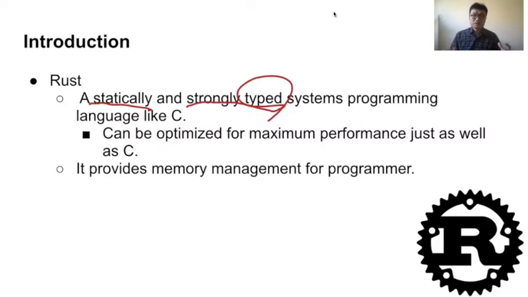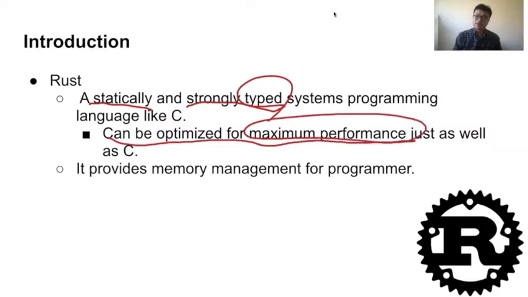But it also provides a lot of flexibility to users. Even though it's strongly typed, users can use variables more easily compared to C. We will see the example later. Even though it gives the user flexibility, it can still be optimized for maximum performance like C. So it's still a system programming language like C, because the performance is really good.